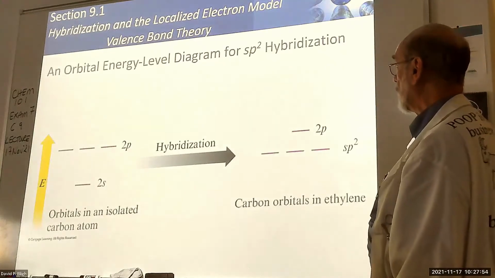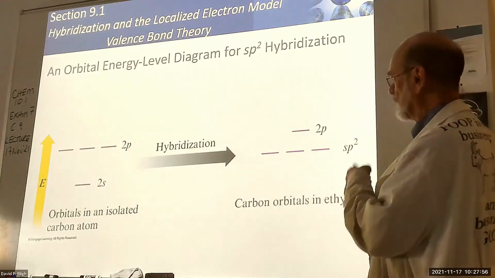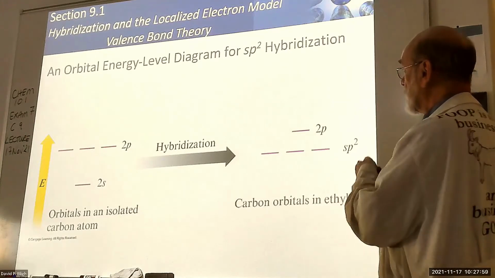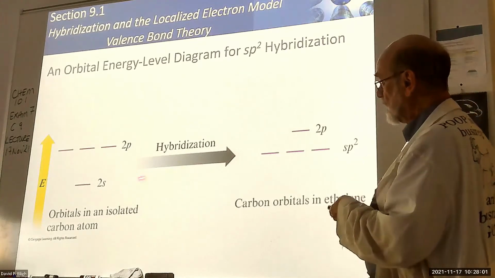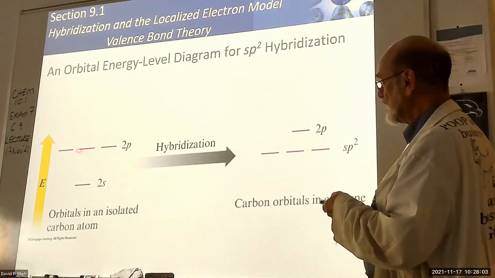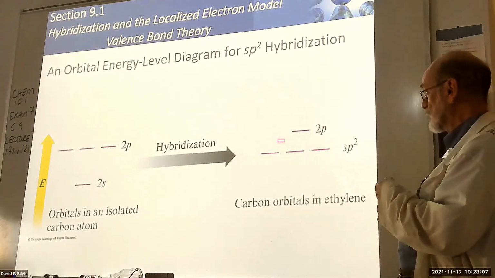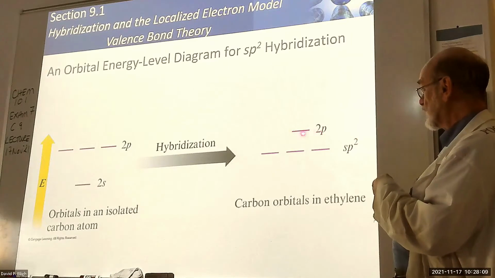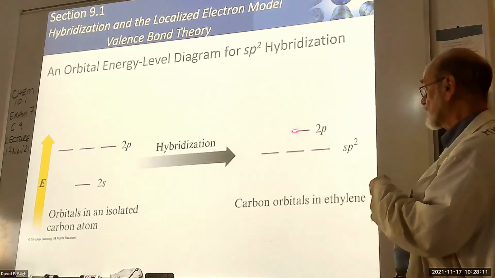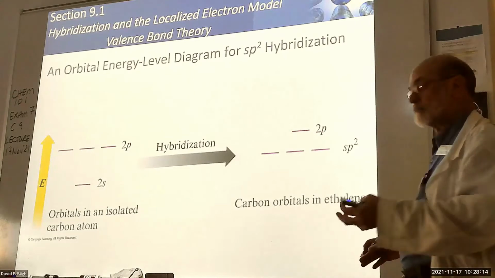Okay, so if we look at the sp2 hybridization, we digress for a moment. The sp2 hybridization, we only need one s and two of these p's to give us these three degenerate orbitals, sp2s. And then the third one is still up here because it was unused. It's at the same energy it was before.